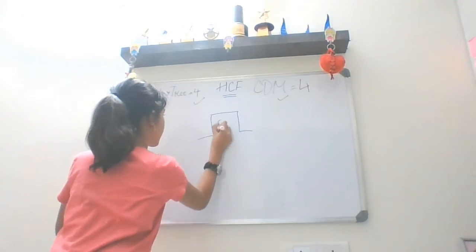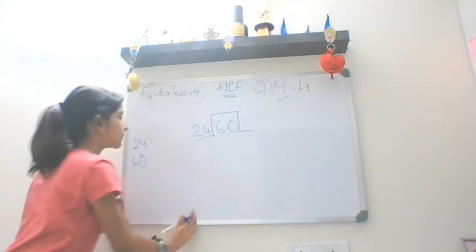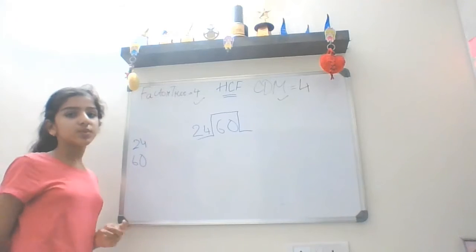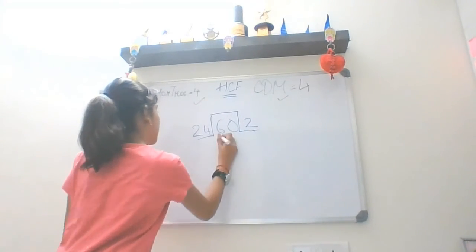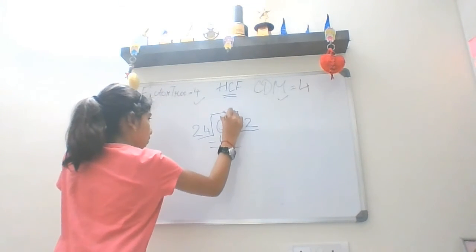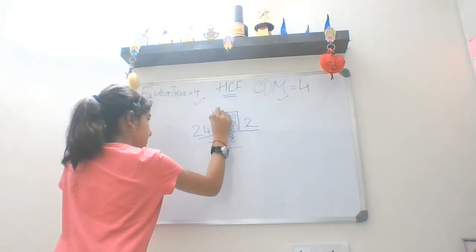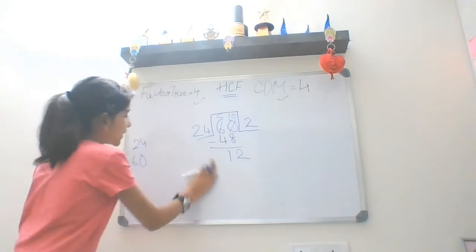So 60 by 24. So 24 twos are 48. Twos are 48, minus, borrow, 10 minus 8 is 2 and 5 minus 4 is 1. We can't further divide it.